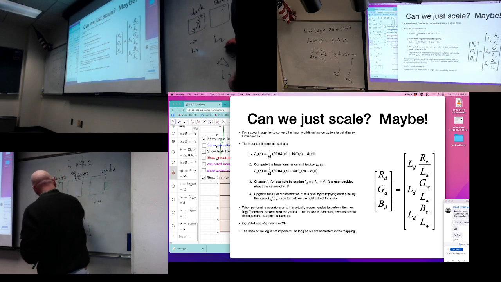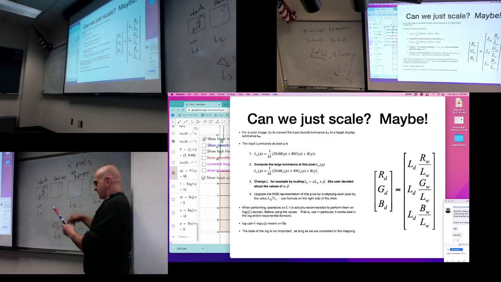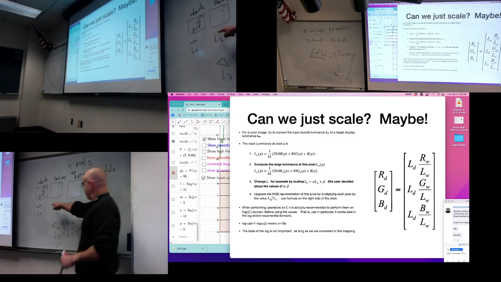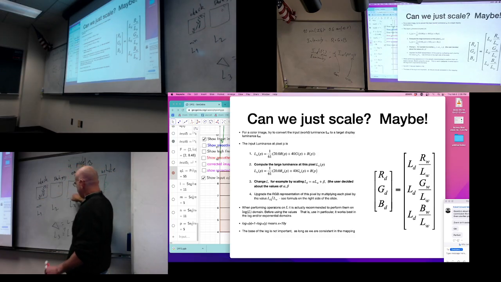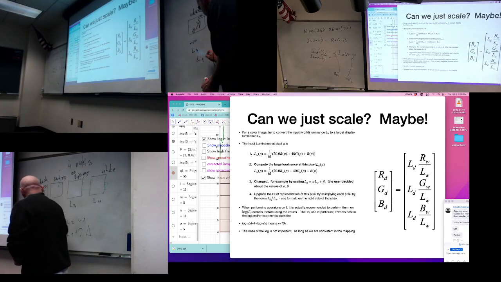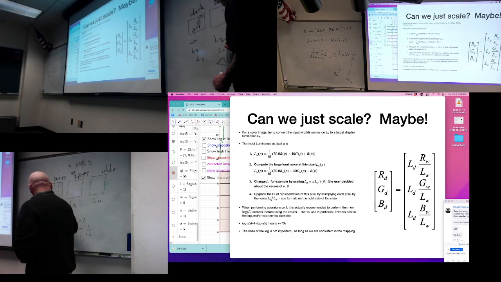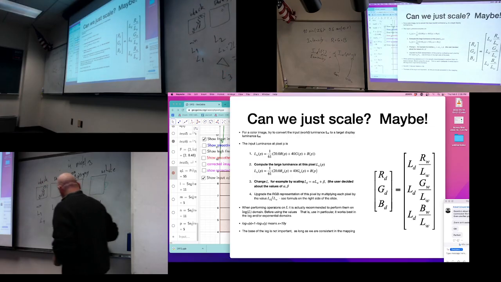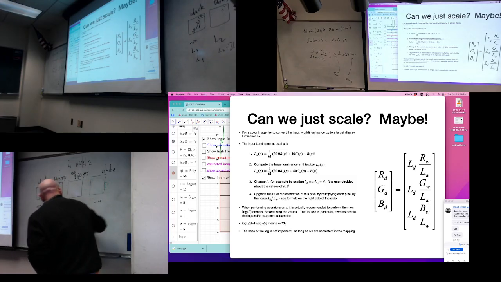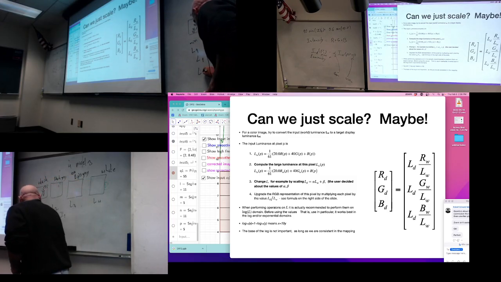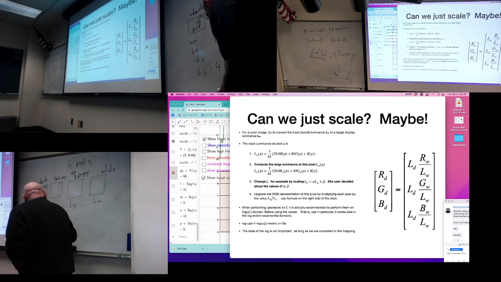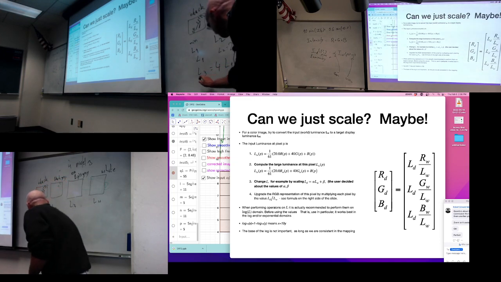If I want them to give the feeling that the gaps between them in lightness are equally spread, the same gap from here to here, the same gap from here to here, what I should do is start from L1, set L2 to be 2L1, set L3 to be 4L1, and set L4 to be 8L1.